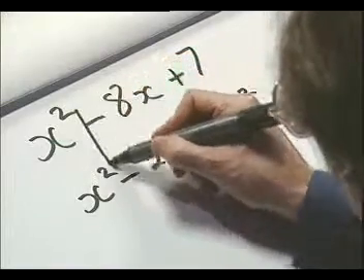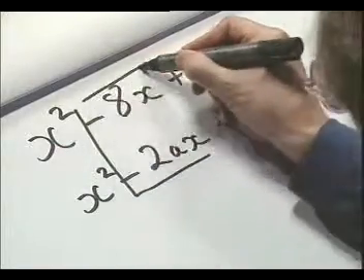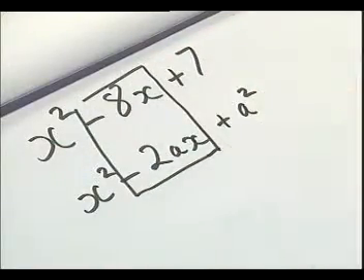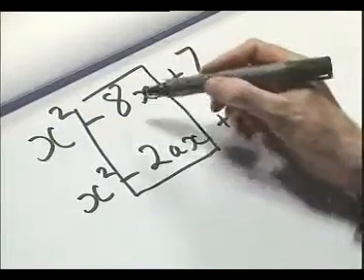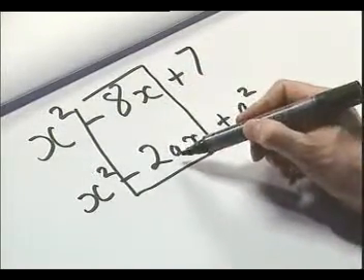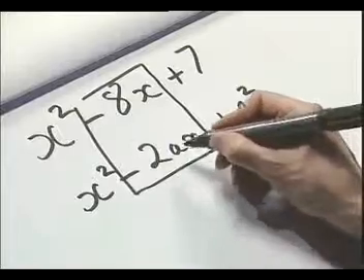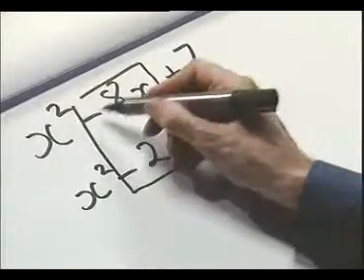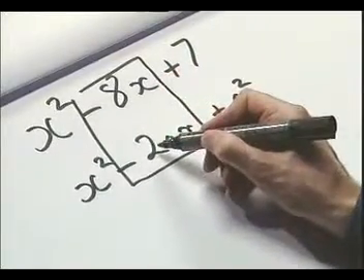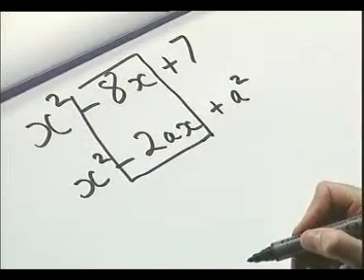And I want to make these two terms the same. So again, we can see that a has got to be 4, because minus 8 is minus 2 times 4.